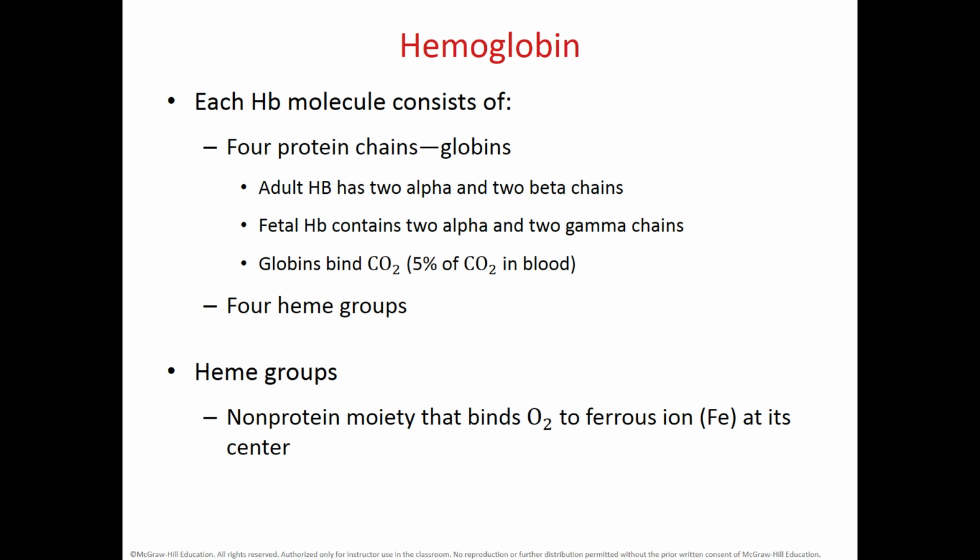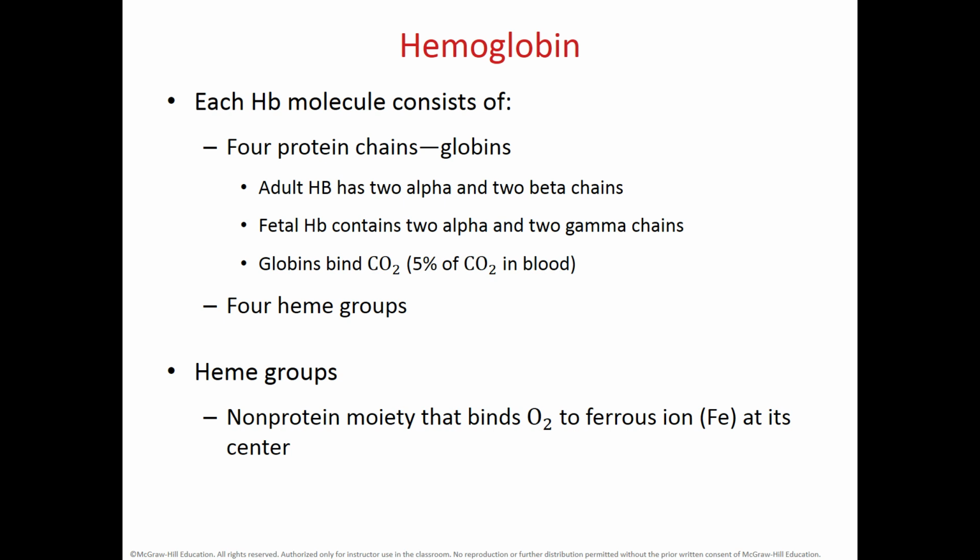And this change is important because the gamma change in the fetal hemoglobin helps to attract oxygen more strongly than the beta chains in the adult hemoglobin. And if you remember, the fetuses are in the womb of the mother and their lungs are filled with fluid, so they cannot be absorbing oxygen because their lungs don't have air in them.